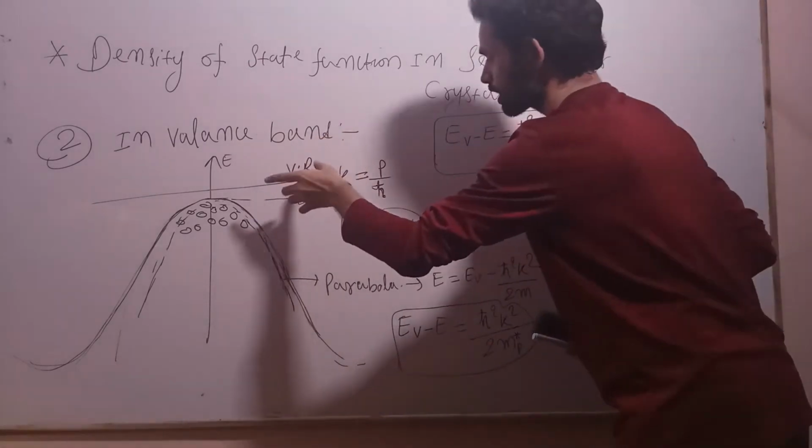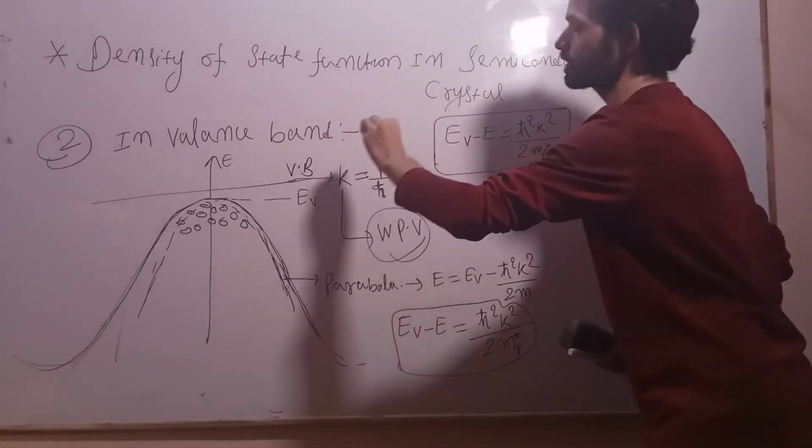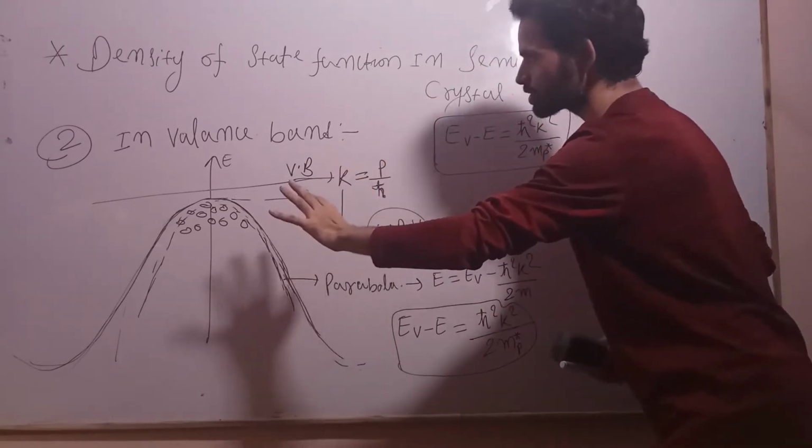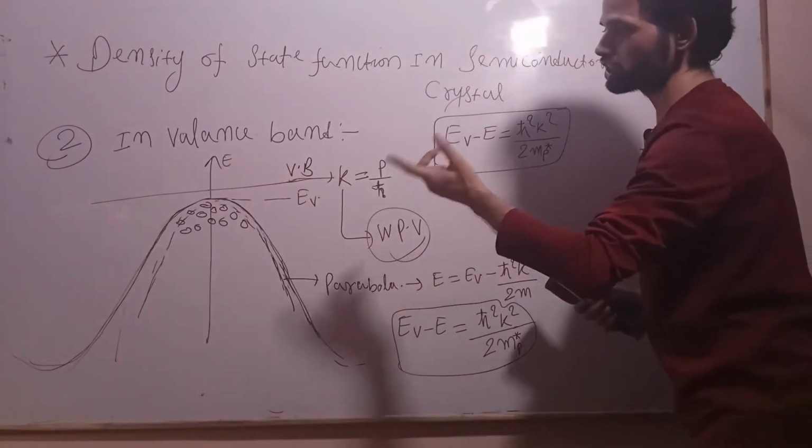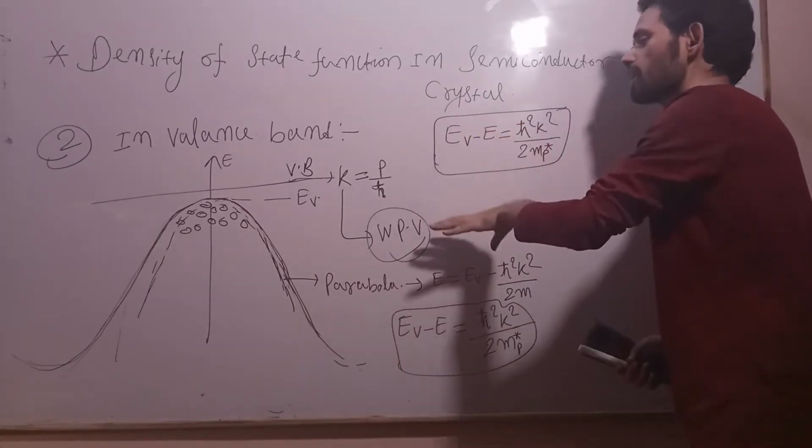So the density of allowed quantum states, or allowed discrete energy states, which are lying between the allowed band.